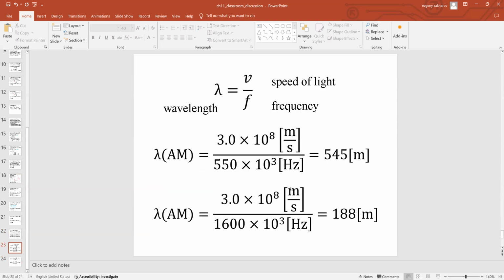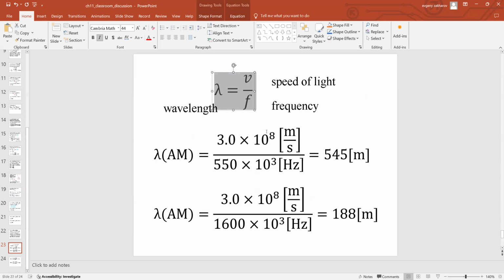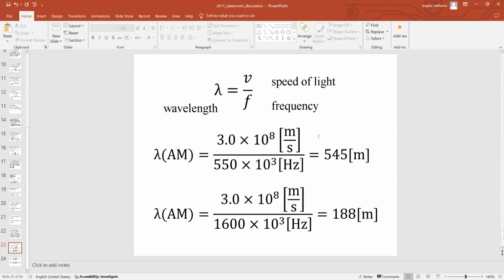Just for this single formula, plug in your speed of light, which is 300 million meters per second. That's the fastest you can go. You can't travel faster than light. That's one of the postulates of Einstein's theory of relativity.